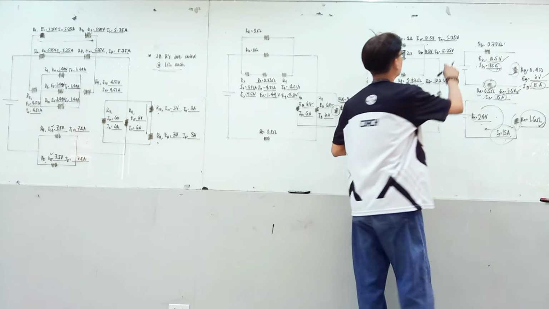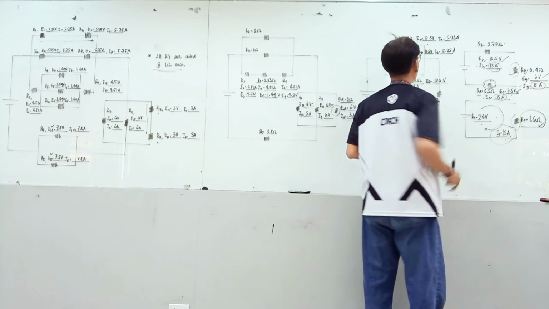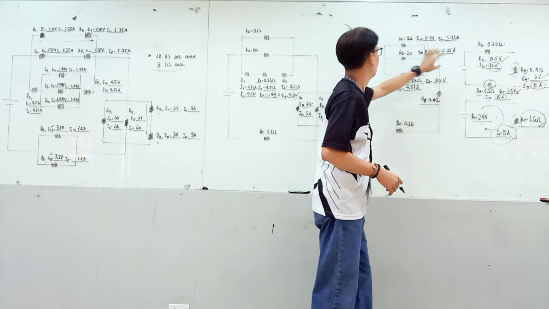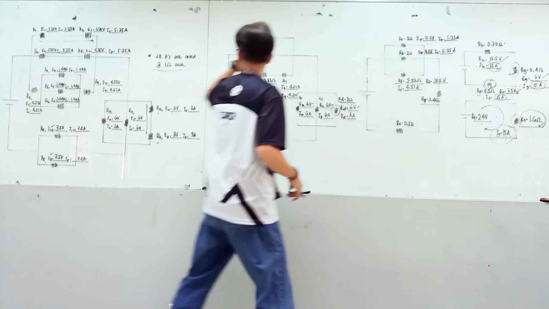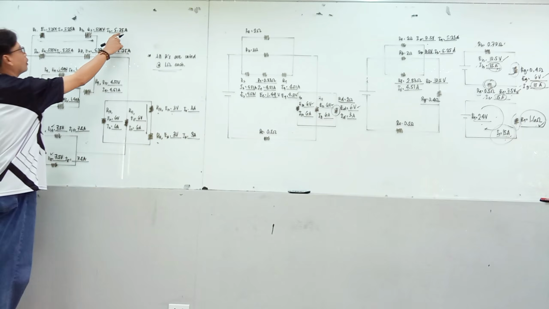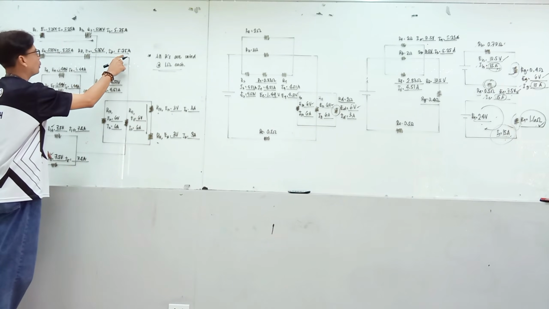Sorry, from the unit here, it should be amperes. So 5.25 amperes, 5.25 amperes. My series is the same there. So let's just transfer the value of their current. Both of them will have 5.25, 5.25 because they are in series. Same here, 5.25, 5.25.